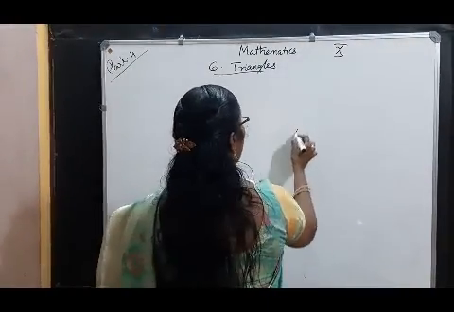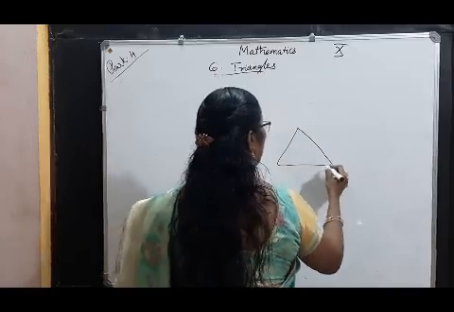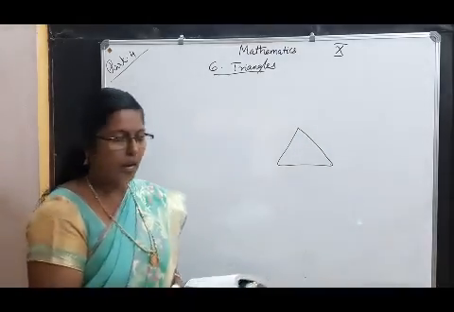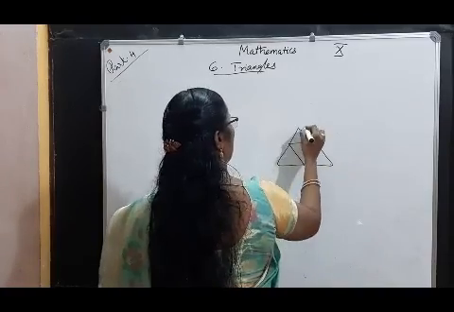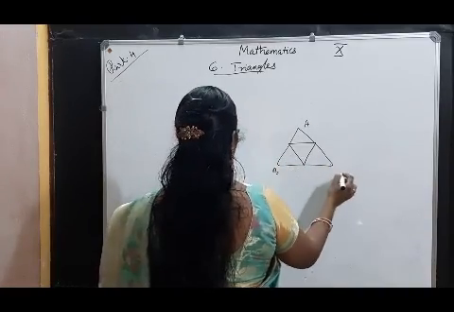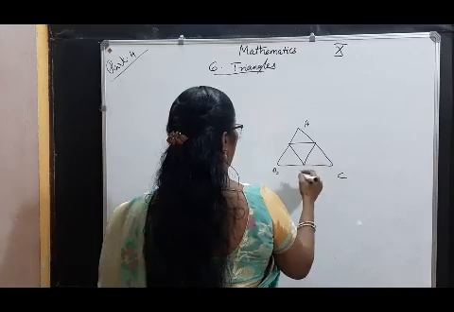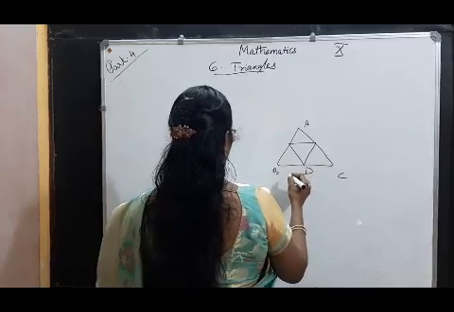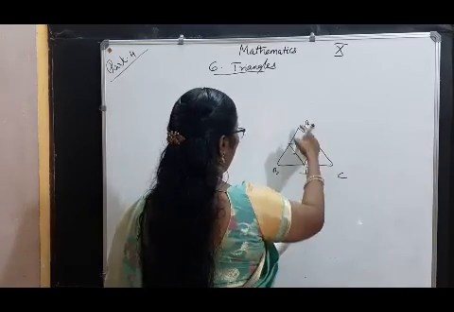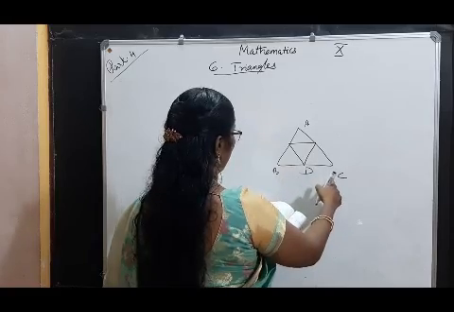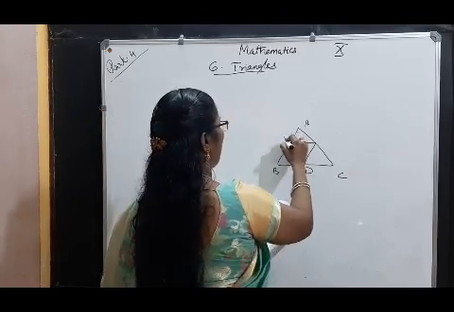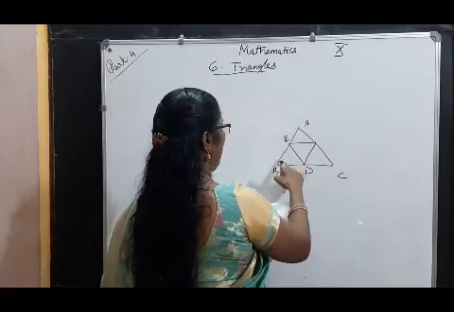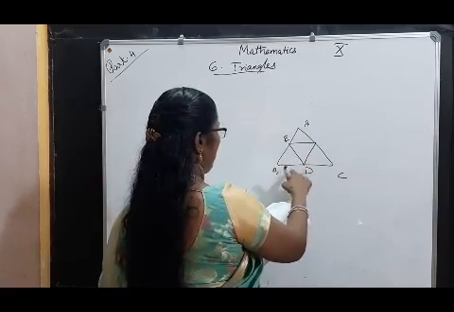Two equilateral triangles ABC and BDE, and D is the midpoint of BC.